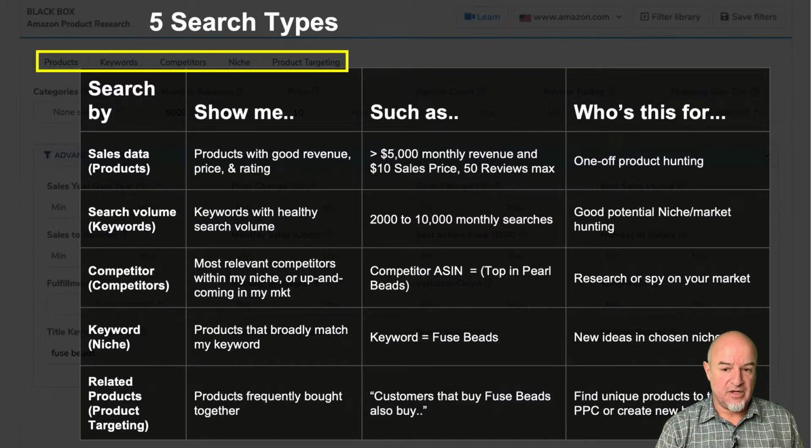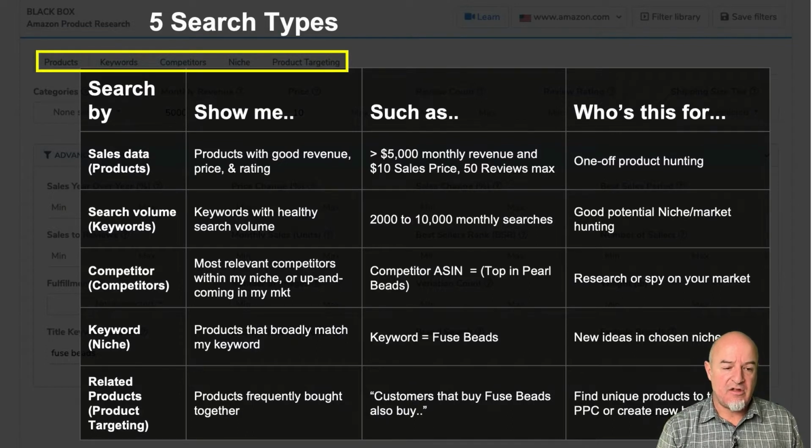Now, a lot of sellers default to this first tab, and they think if they find one product that meets their criteria, then perhaps that's a good niche to go into. However, every single niche or market within Amazon, no matter how competitive it is, no matter what the average selling price is, no matter what the search volume is, will have many products that meet your criteria.